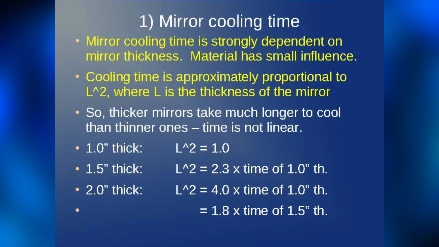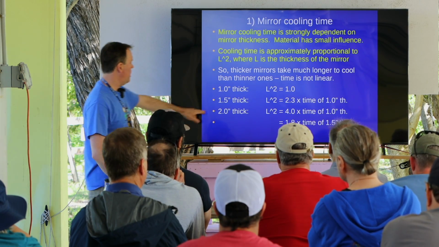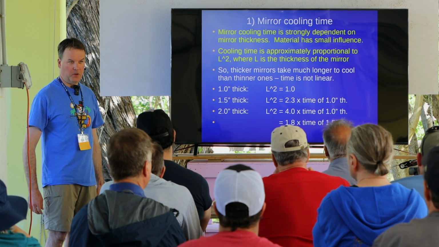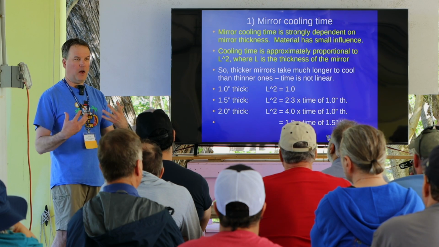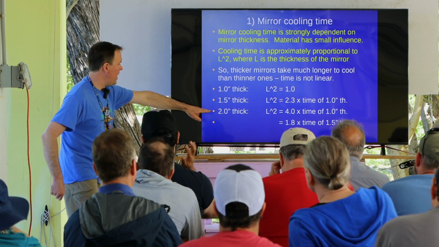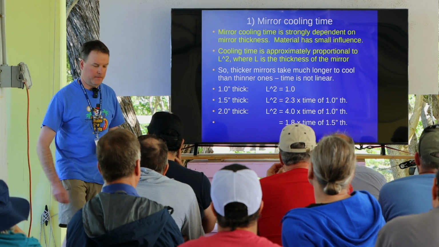Because it's nonlinear, it's got to get out to the air before it can actually get out of the glass. If it's twice as thick, it generally takes about 4 times as long to cool. This is why I've always worked on as thin a mirror as possible for my clients. And the 2-inch thick is about 1.8 times the 1.5-inch thick.